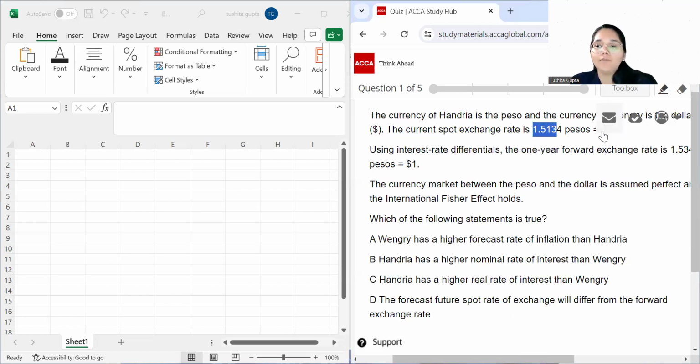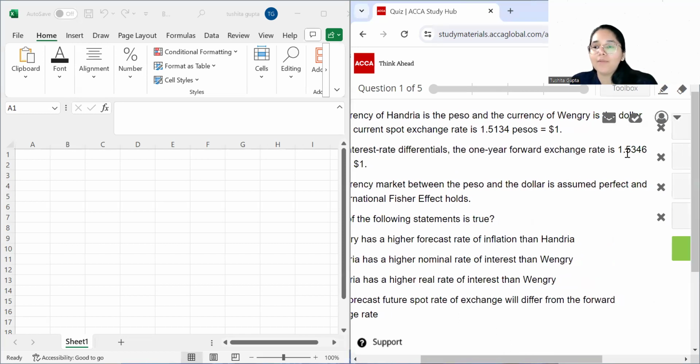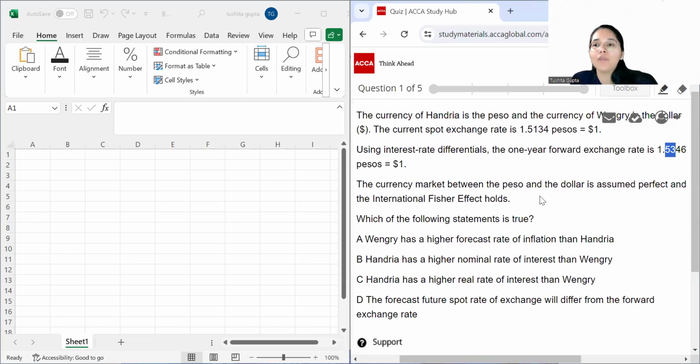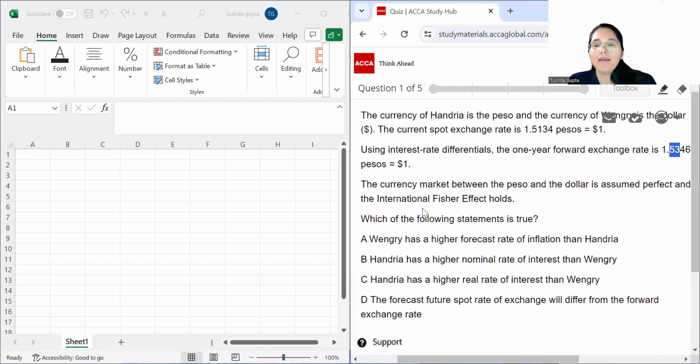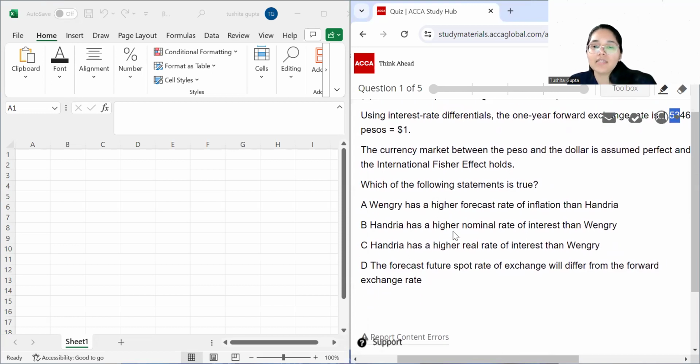Why? Because earlier to get $1, I had to give 1.51. Now I have to give 1.53. Because I have to give more money to buy that same $1, my currency has actually depreciated. So that means the inflation in my country is more than the inflation in the opposite country. So let us read the statements.